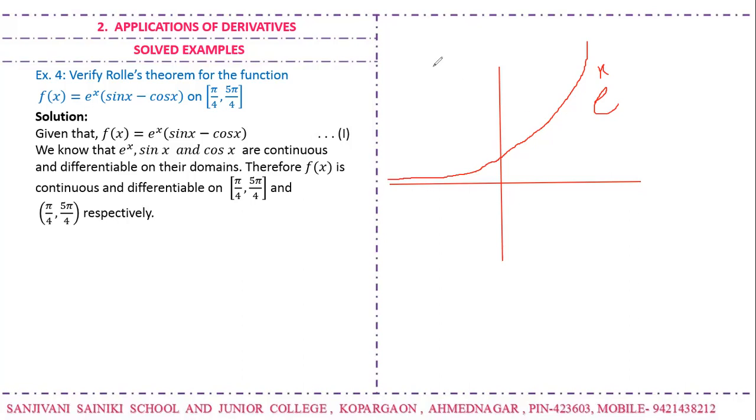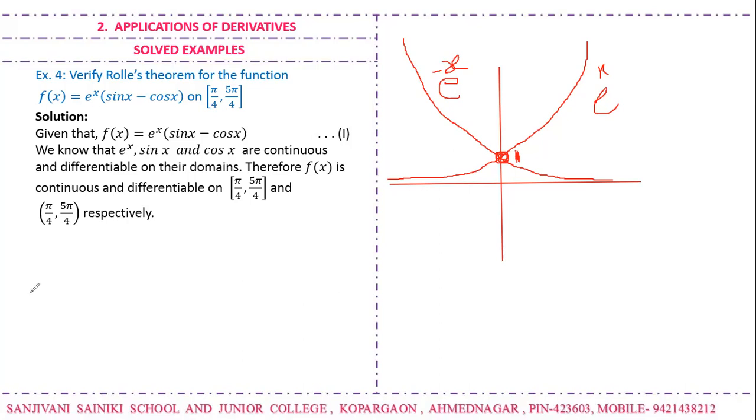And the other graph is like this, e raised to minus x, and the point where it intersects the y-axis is 1. So these are the graphs of the function. They don't have any break, so e raised to x is continuous everywhere. We can differentiate it, so it is differentiable everywhere.